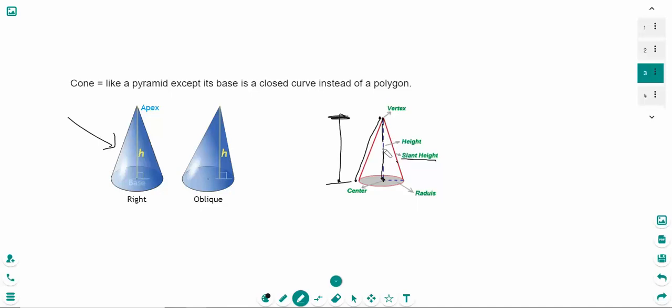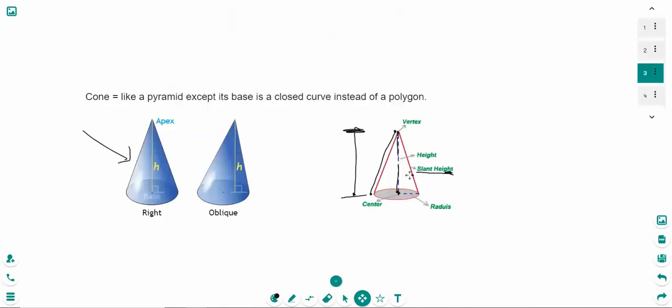That length is going to be shorter than this slanted side length. So this slanted side is given the definition slant height. That's how we measure it. And then the height is just the overall height of the cone. Two very different things, so keep that in mind.